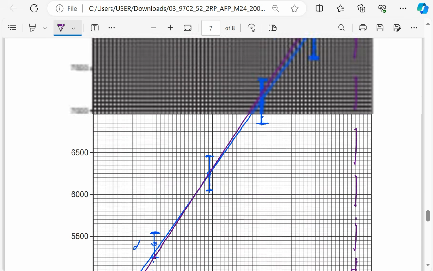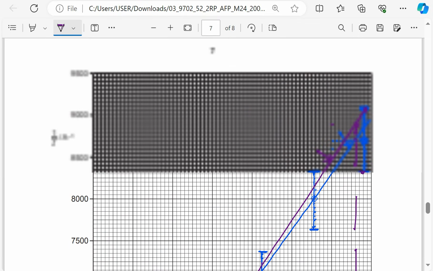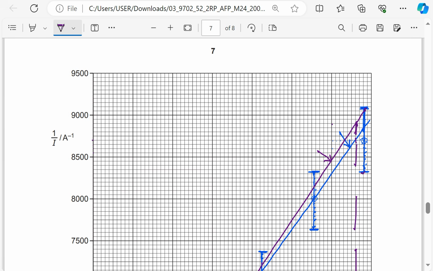Then for the worst fit, I aimed at this point. Make sure you choose a point where the grid lines cross. I was aiming at such points where the grid lines cross. So this is this point here, which is 9,000 minus 100.